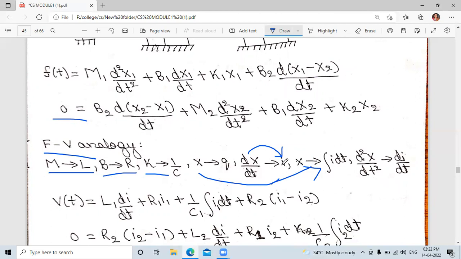If you integrate dx by dt, you get x, which is the integration of i dt. If you differentiate, d squared x by dt squared becomes di by dt. So remember this.